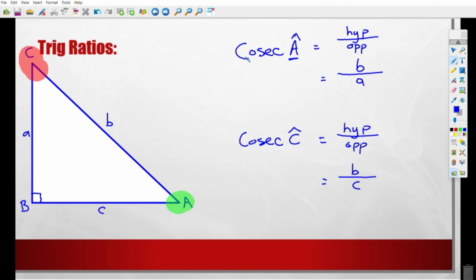What is another way that I could write cosec? Instead of writing cosec, I want to rewrite this in terms of sine.